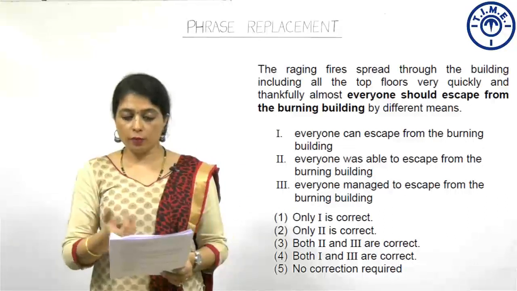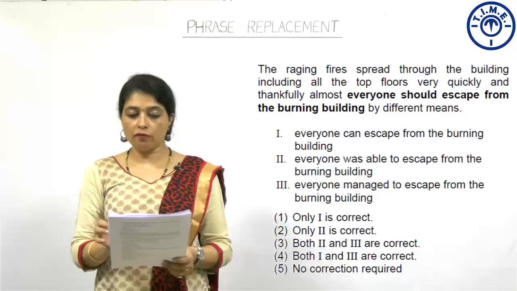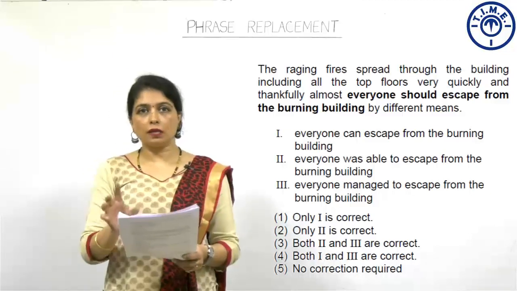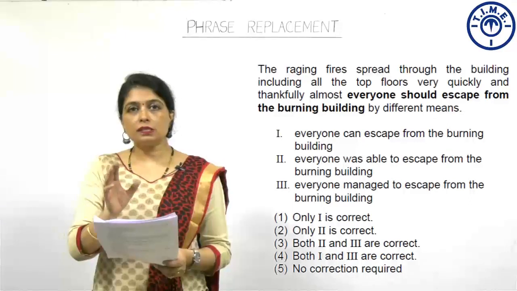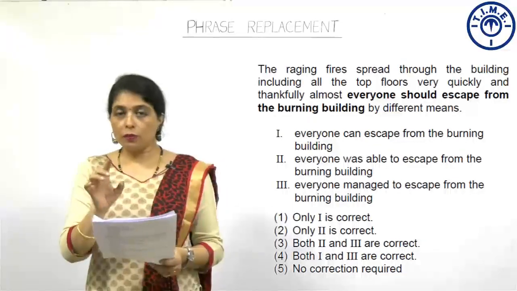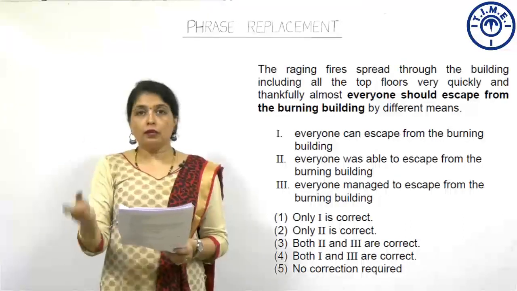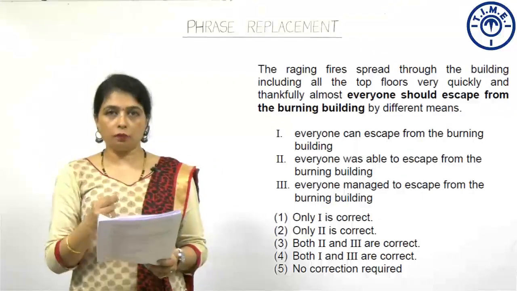"The raging fire spread through the building including all the top floors very quickly and thankfully almost everyone can escape from the building" is not grammatically correct. Because it is about a past situation and "can" is a present tense modal, we cannot go with option 1 and we eliminate it. Look at the second one now. "Everyone was able to escape from the burning building."